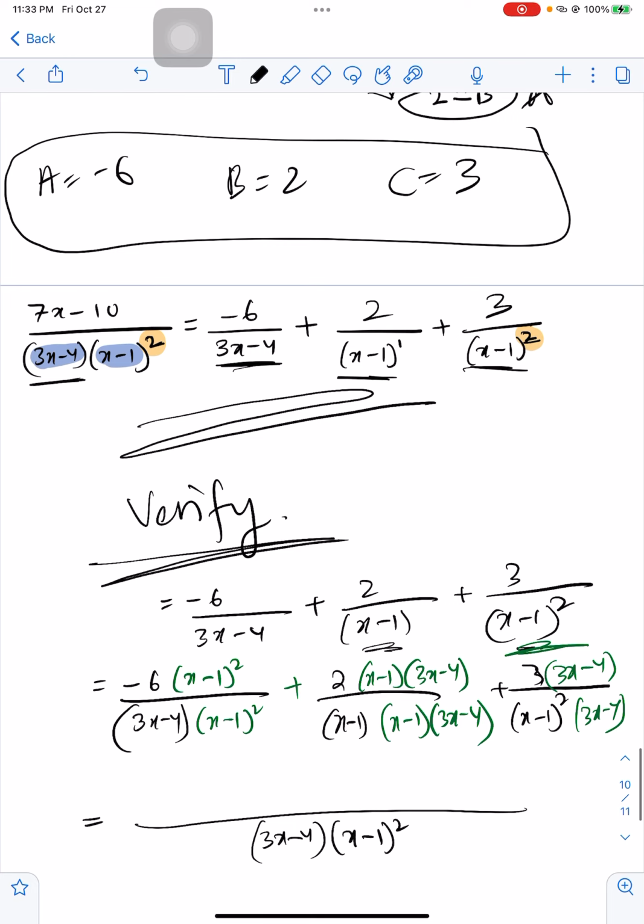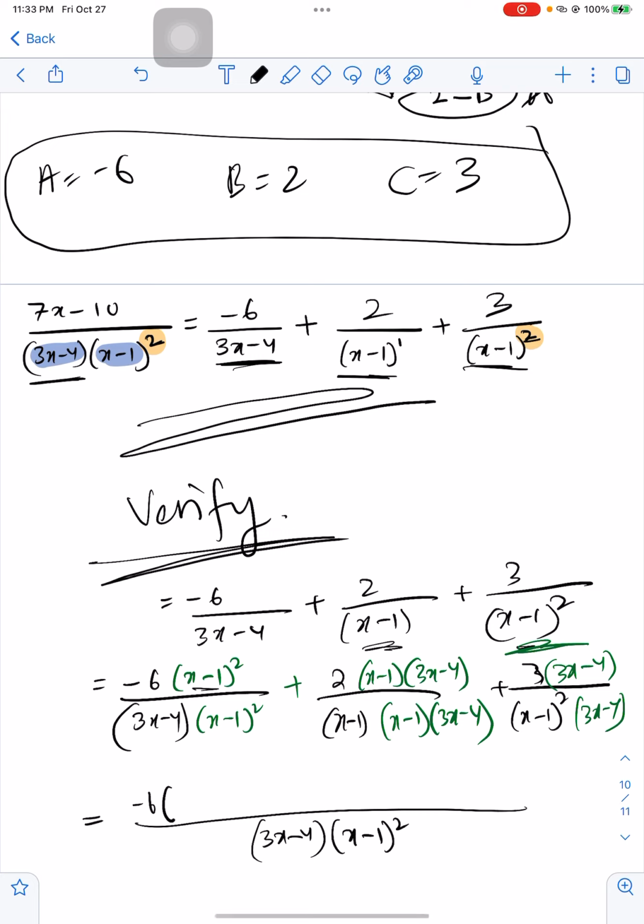So numerator negative 6, try to expand. So x square minus 2x plus 1, plus first multiply 2 then 3x minus 4, 9x minus 12.